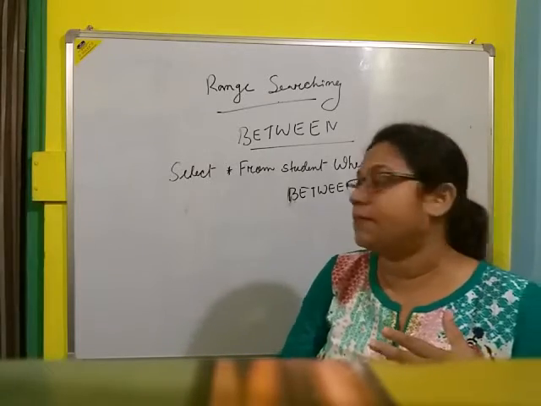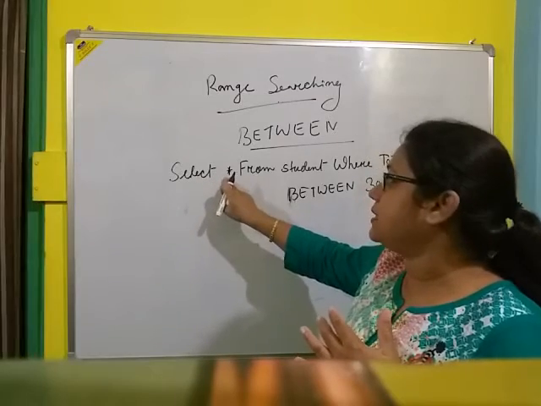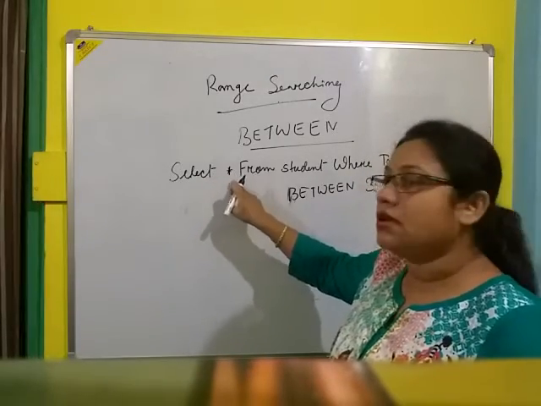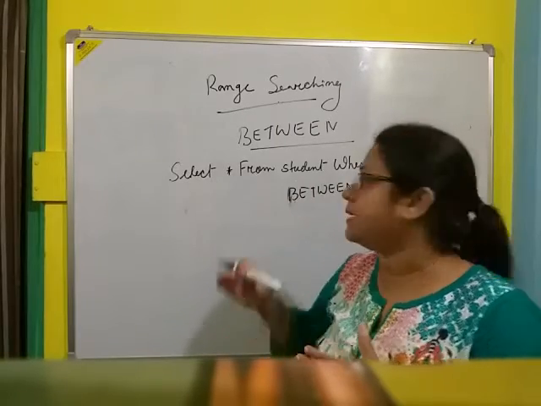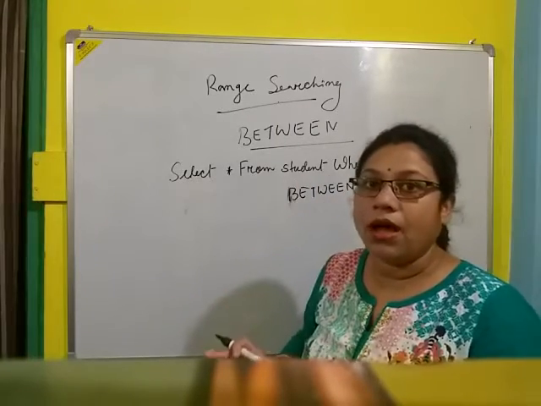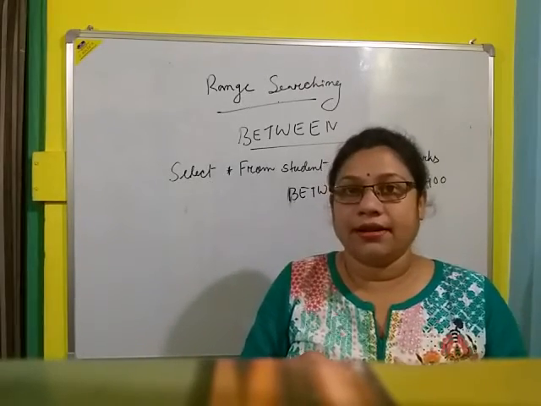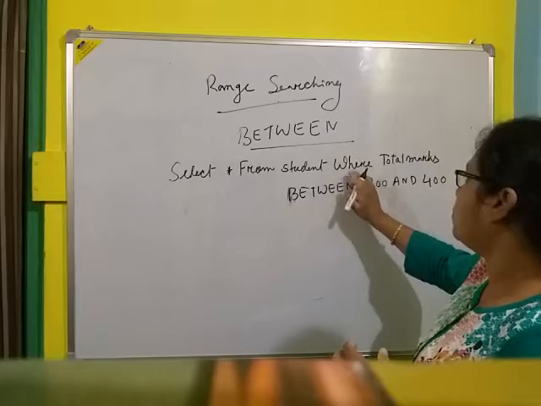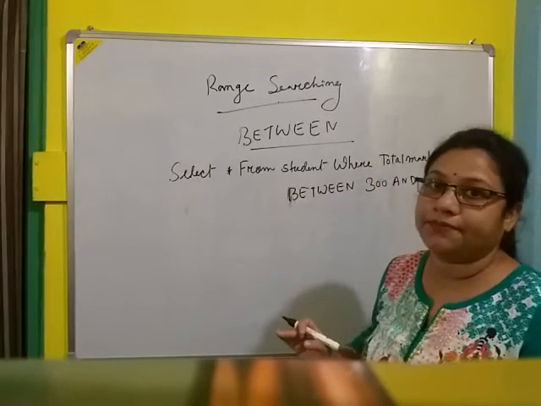These are the columns present in the student table. As I am using select all here, the computer will display all the column values of the table student. But I am going to use the condition here. What is the condition? Where total marks between 300 to 400.